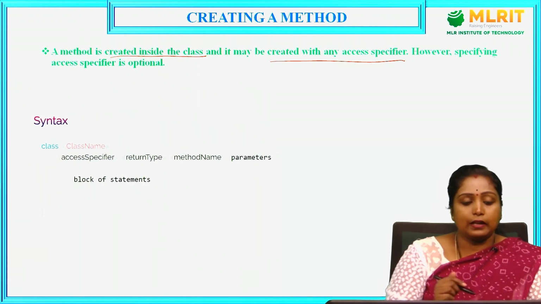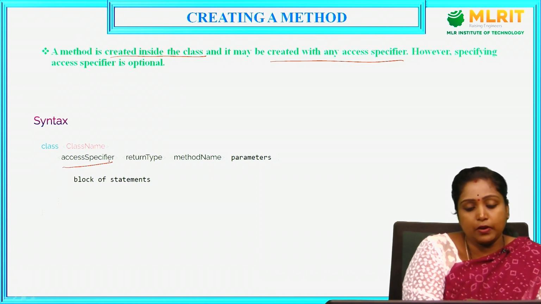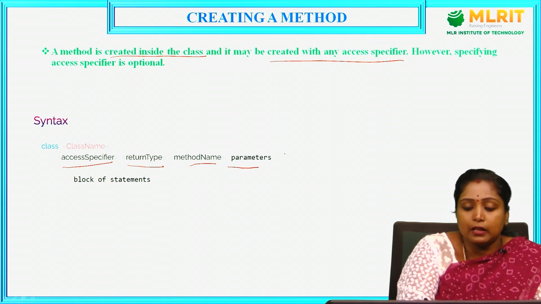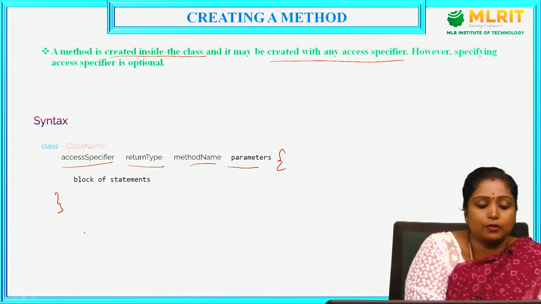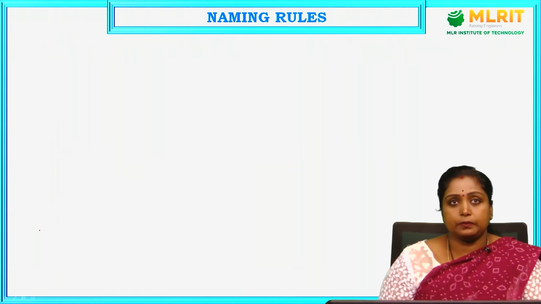See here: the class name, then you can go with an access specifier or no need of an access specifier, then the return type, method name, followed by parameters. In that block of statements, you write the code and close the block.